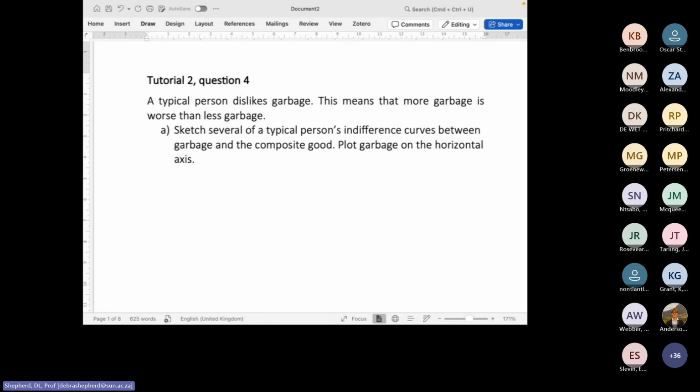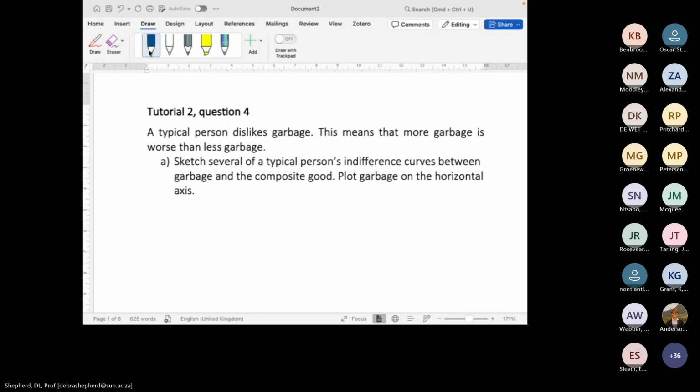Okay, so how the indifference curves for garbage and the composite good will look here is garbage will be on the x-axis, the composite good Y will be on the vertical axis, and the indifference curves are going to be upward sloping and convex.